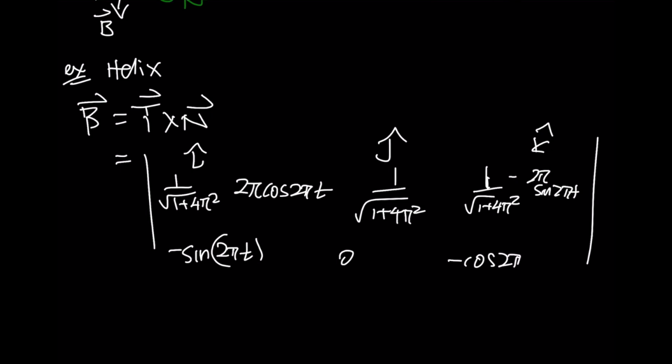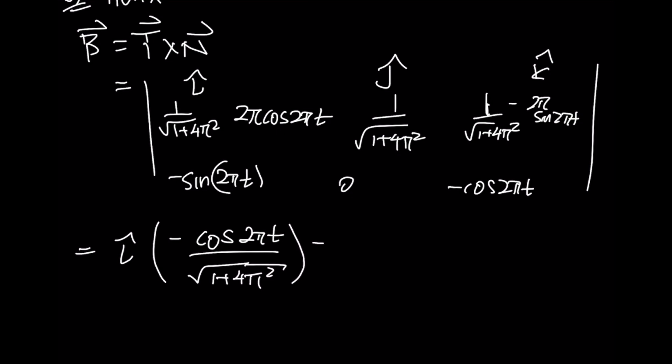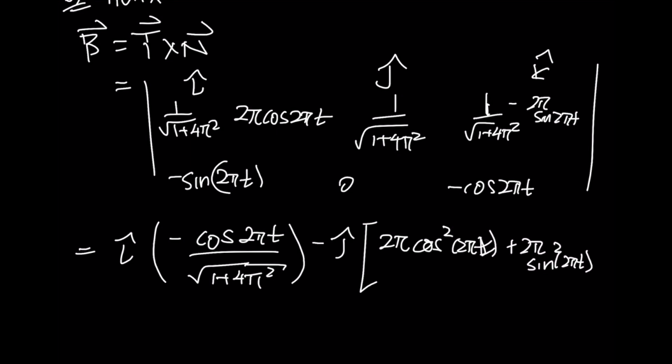Compute the cross product like normal. The negative cosine of 2 pi t over that square root in the i component. In the j component, cosines that will square together and sines that will square together. Each of these is going to have a negative with that same square root in the bottom.